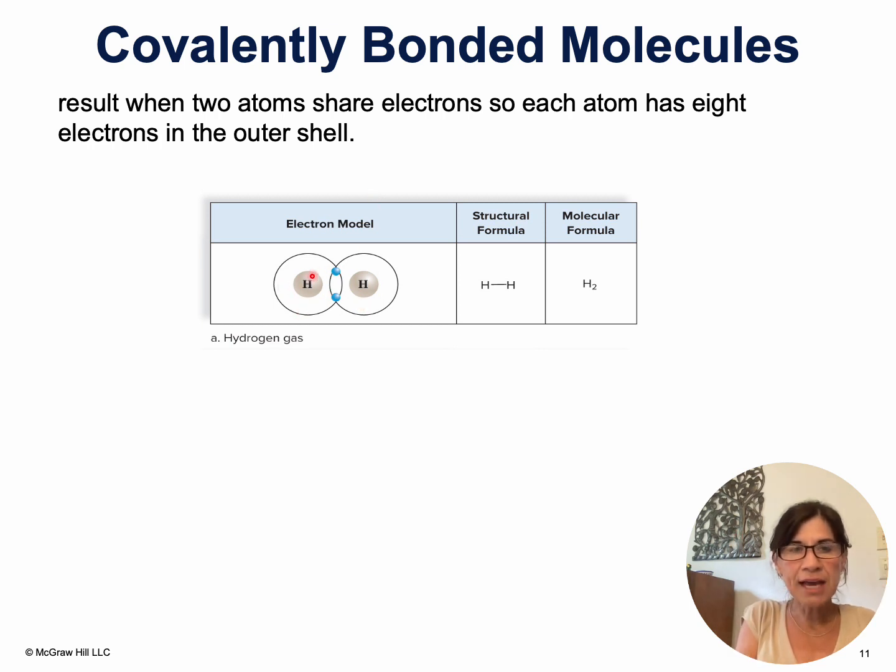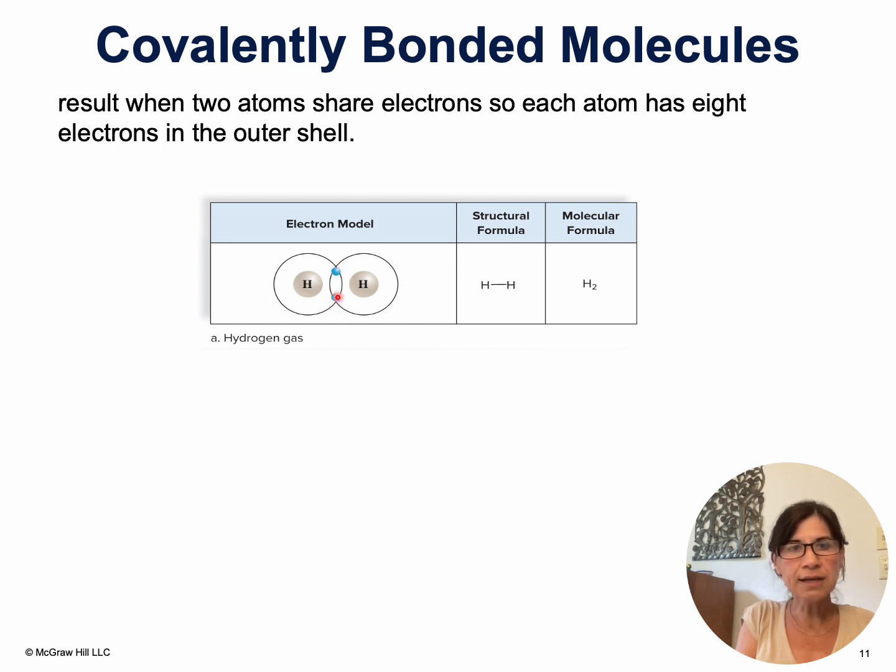So let's recover everything we've talked about. A hydrogen atom by itself would only have 1 electron in its outer shell. How many would it like in that first shell? 2. So it's going to join with another hydrogen atom. You see they're close together. Now those electrons, instead of just orbiting around one atom's electron shell, are going to orbit around both.